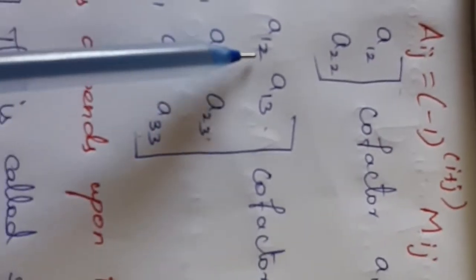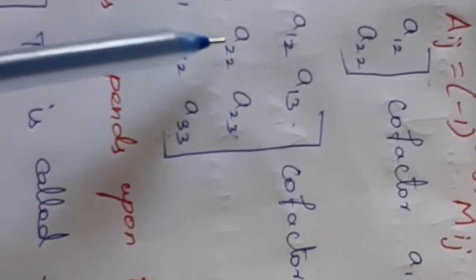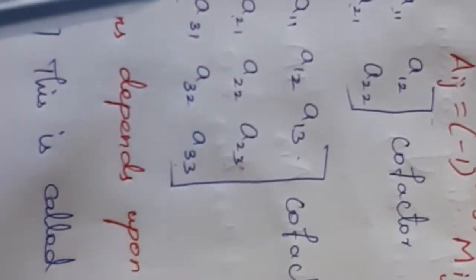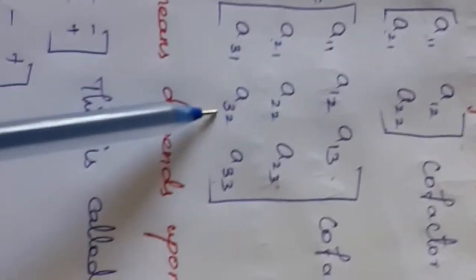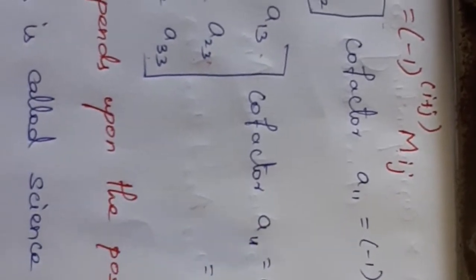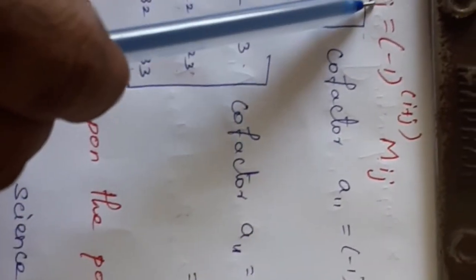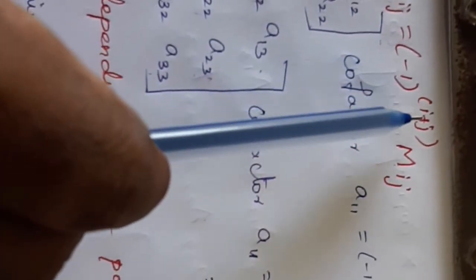Similarly, the same concept, but in the 3 into 3 case we have to take the first row A11, A12, A13, as well as the second row A21, A22, A23, and the third row A31, A32, A33. How to find the cofactor of A11? The same formula, Aij is equal to minus 1 the whole power of i plus j into minor of ij.